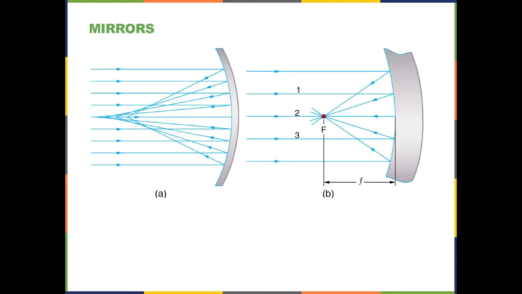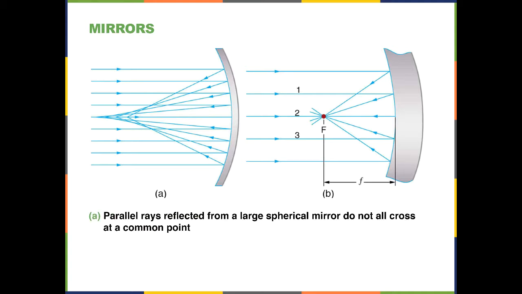Now this is a spherical mirror, and you can see that it's concave in appearance. It causes a focus of rays on the focal point, which is defined in the same way, but notice it's on the same side because it's a mirror as opposed to a lens.